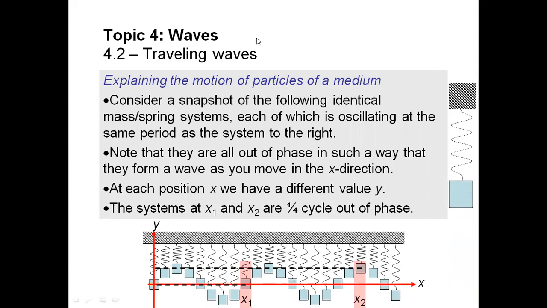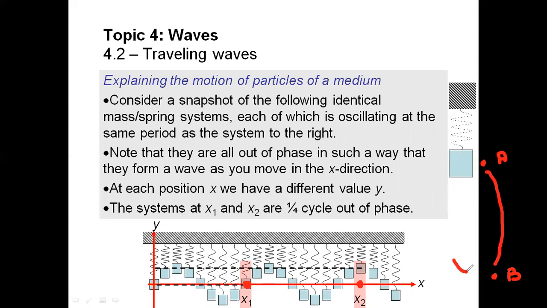So what does out of phase mean? We will see that word a lot. Out of phase means, if we look at the points x1 and x2, and we said that when the object is doing simple harmonic motion, it oscillates between points A and B. And if the object goes from A to B and comes back to the same point A, we said that it's one complete oscillation.